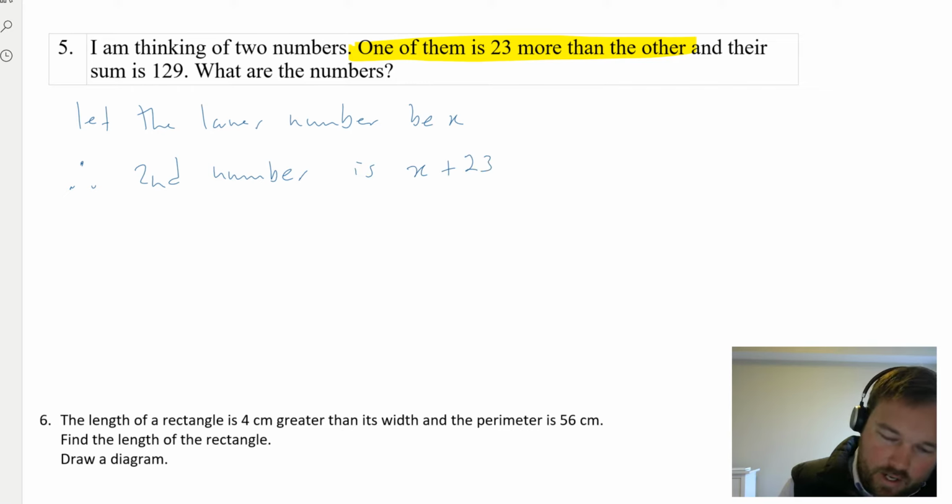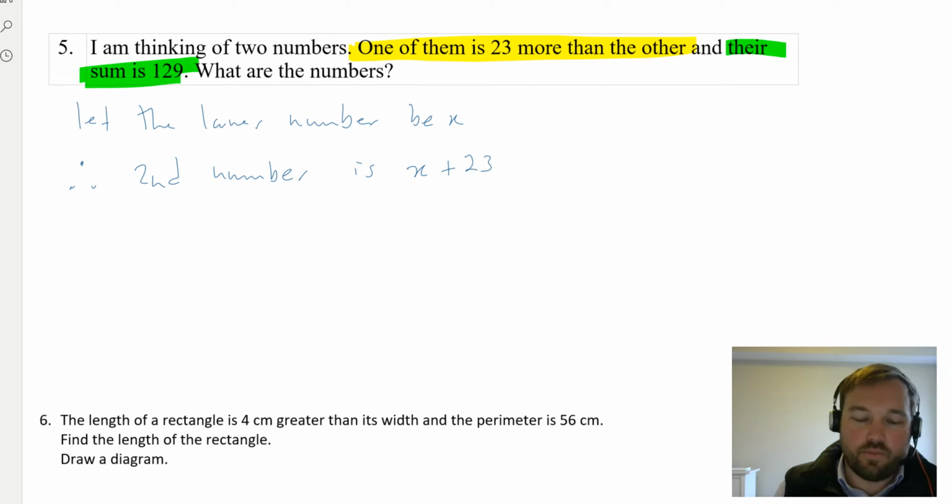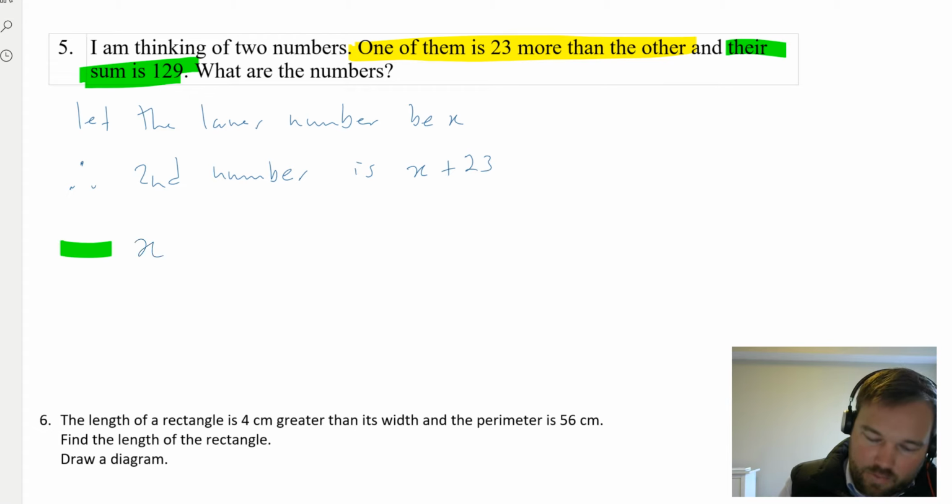And then what they're asking is their sum of 129. Well, what they're asking is what are the numbers, but the other bit of information is their sum is 129, and that leads us to being able to add the two numbers together. Our first number and our second number is 129.